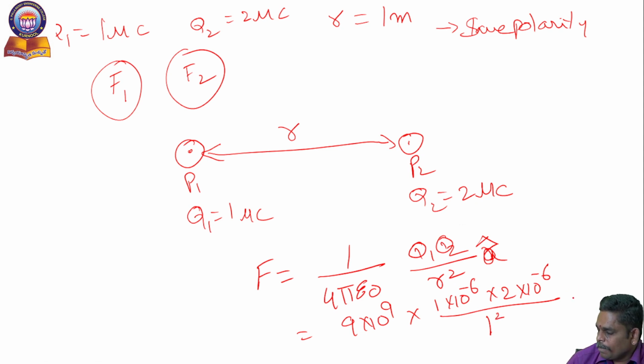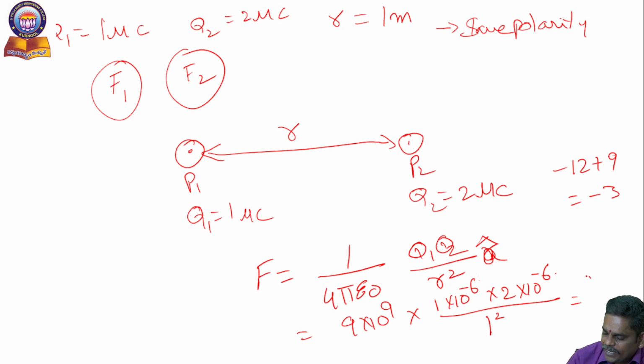Minus 6 minus 6 is minus 12, plus 9, that should be minus 3.